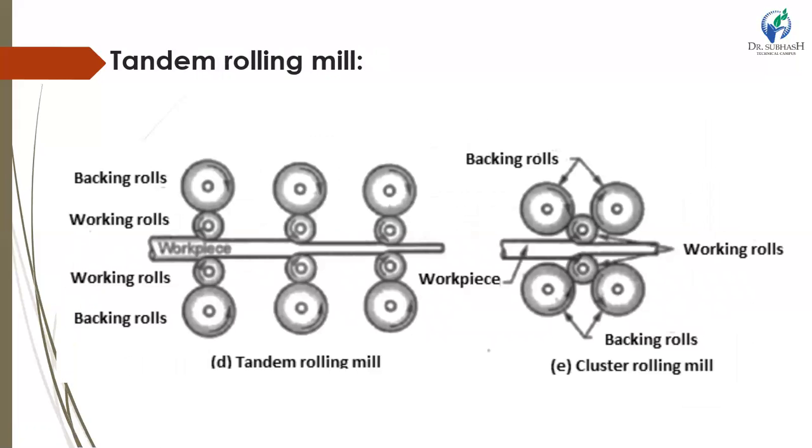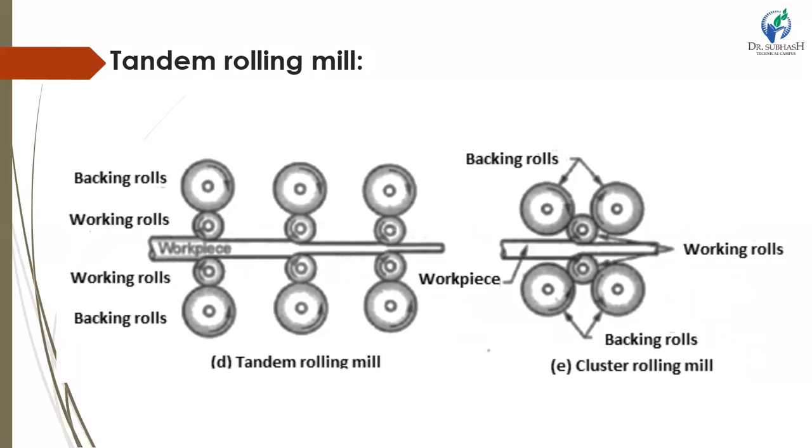Next, tandem mill. Tandem rolling mill is given in diagram number D. It is a set of two or three stands of roll sets in parallel alignment.